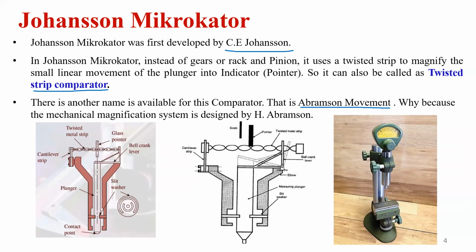This Johansson microcator consists of the base, and also there is a table. The table is mounted on the vertical column, and the measuring unit is also mounted on the vertical column.